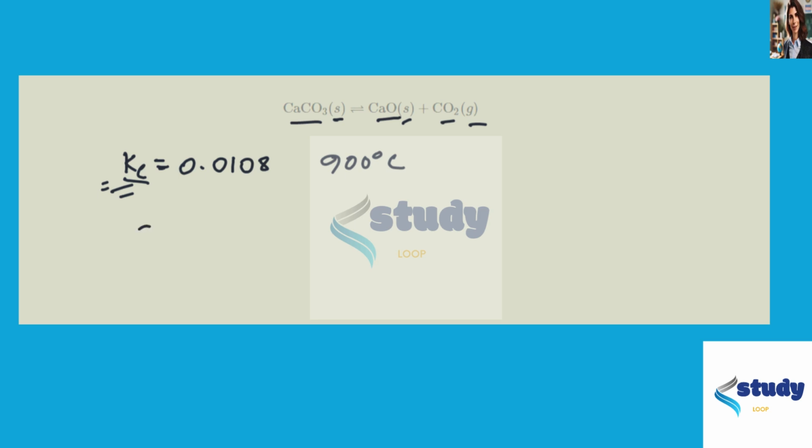The reaction quotient expression, if we consider it as Qc, will be equal to the gaseous products' concentrations over the gaseous reactants' concentrations. But here you can see that our reactant is a solid and one of our products is also a solid. That means these pure solids will not be included in our reaction quotient expression.